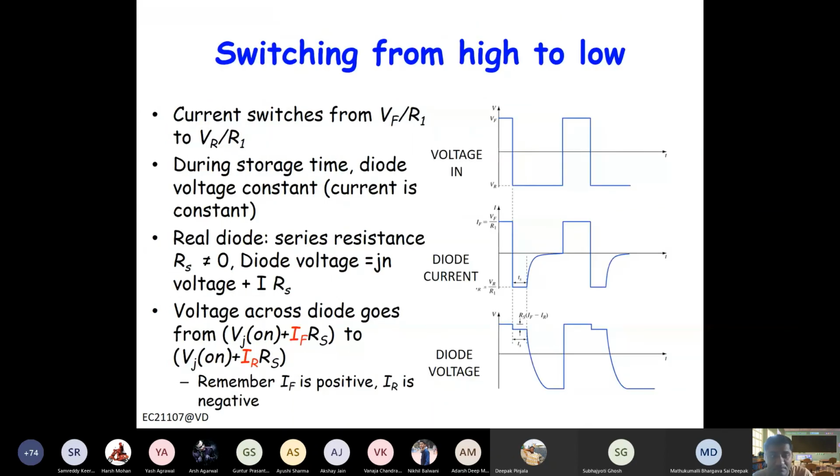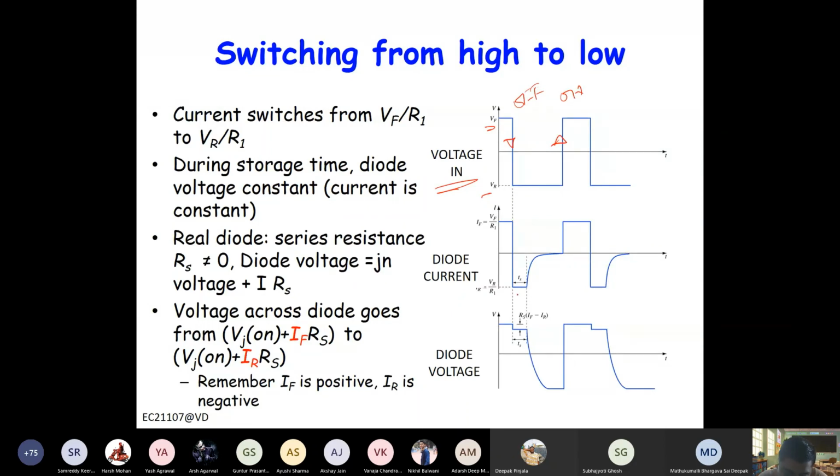So let us see this final slide. Let's say this is the input voltage, right? This is forward, this is reverse. What about the diode current? Here we are seeing two transients, the turn off transient and the turn on transient.